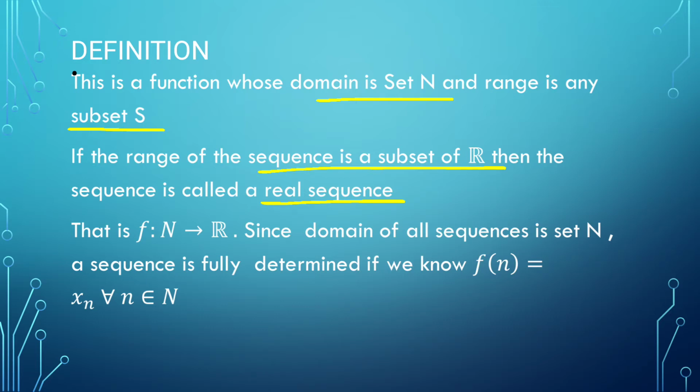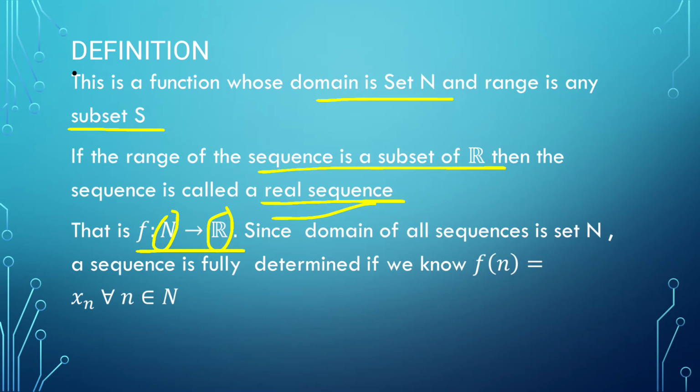That is, if you have this function here, the function that you are calling the sequence, then N is the domain and this is the range. If that happens, then this is basically a real sequence. Why are we saying that?